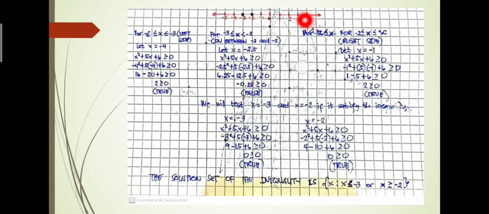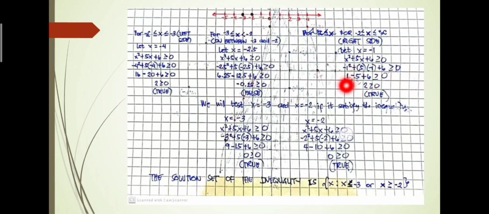So, right side, dito siya, negative 2, right side. So, let x, kayo nang bahala kung ano yung value ng x ninyo. Pinili ko is negative 1. Let x equal to negative 1. Then, substitute negative 1 sa x sa given na quadratic inequality. So, negative 1 squared plus 5 times negative 1 plus 6 is greater than or equal to 0.